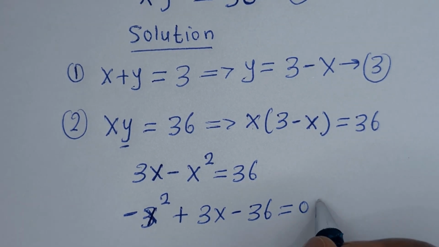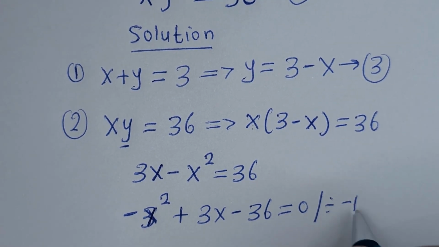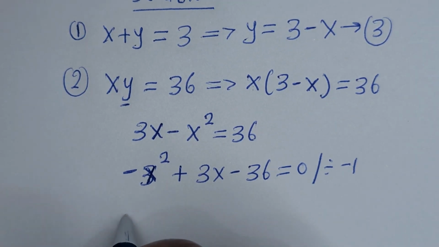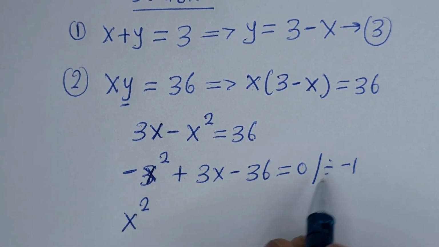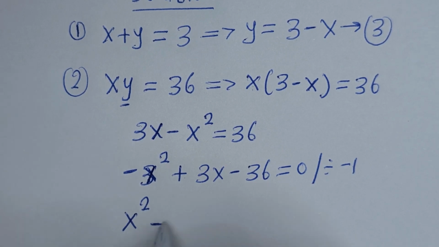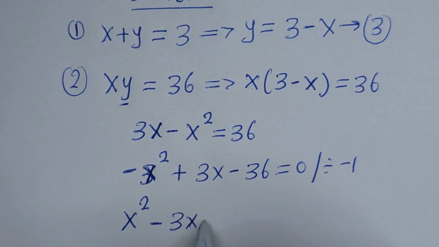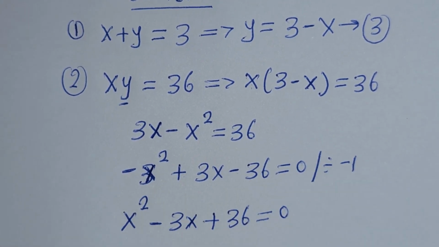Now let us divide the whole of this equation by -1. Negative x square divided by -1 gives x square, plus 3x divided by -1 is minus 3x, minus 36 divided by -1 is plus 36, is equal to 0.